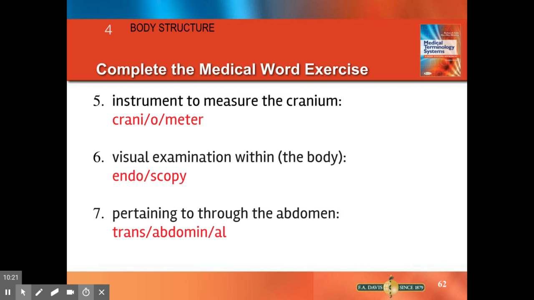Instruments that measure the cranium, we already talked about, a craniometer. Endoscopy would be a scope that goes inside the body, either through the mouth or through the rectum. Transabdominal would be imaging that sees through the cross section through the center of the abdomen.